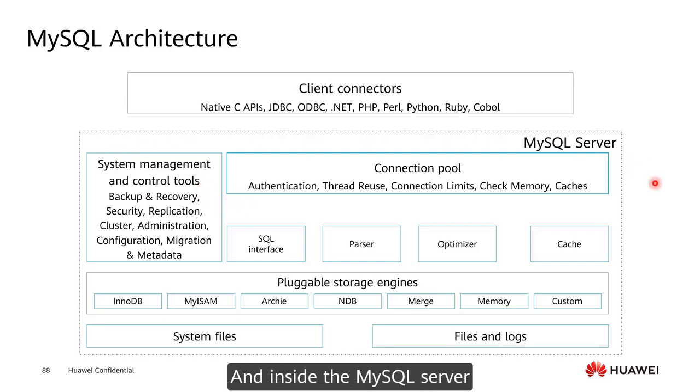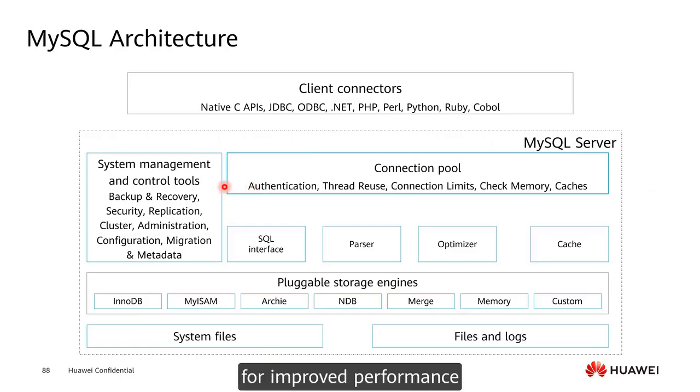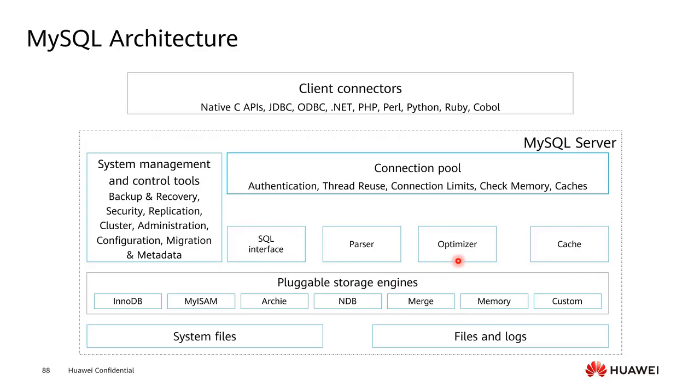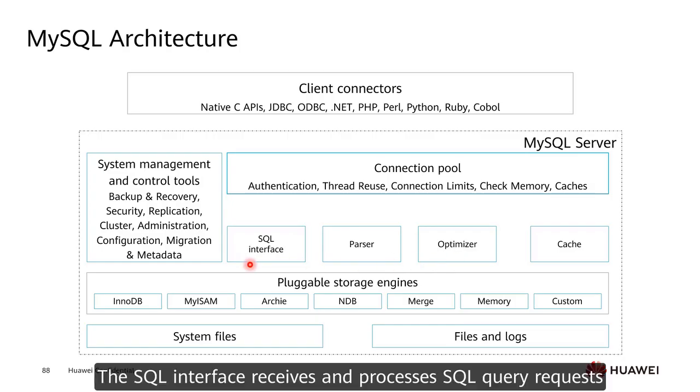And inside the MySQL server, it has a connection pool that manages and reuses database connections for improved performance. It also includes components such as SQL interface, parser, query optimizer, and so on. The SQL interface receives and processes SQL query requests.